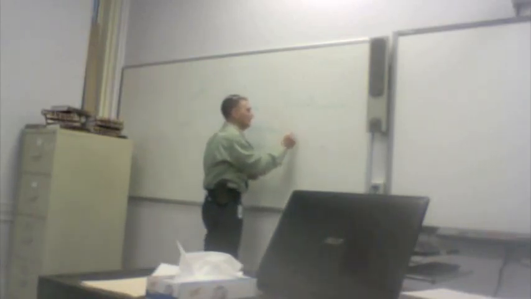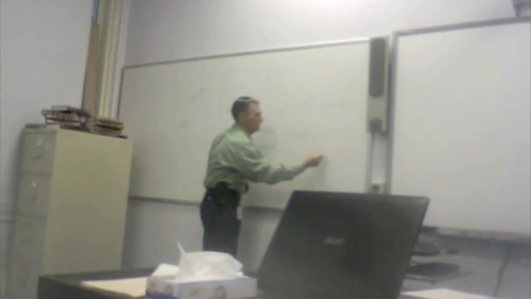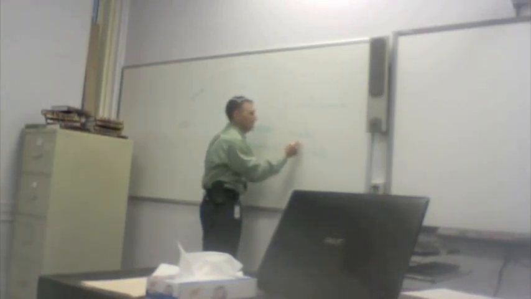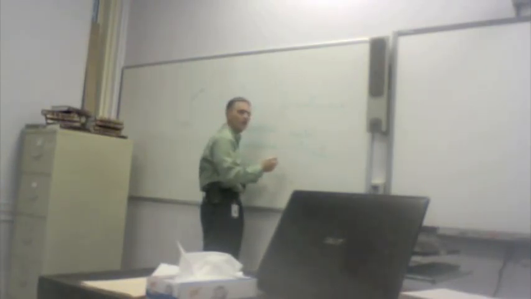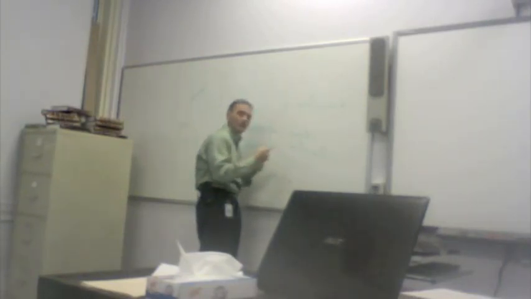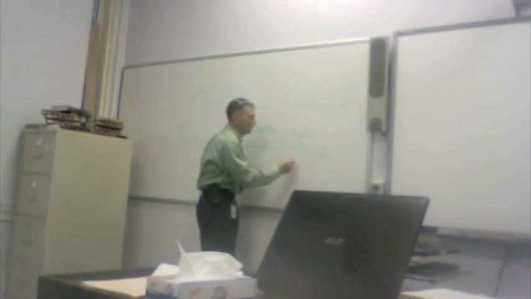Let's say it was cosine to the 9th. You factor out a cosine x, and you're left with cosine to the 8th, which is like cosine squared to the 4th, and cosine squared to the 4th is like 1 minus sine squared x, to the 4th.